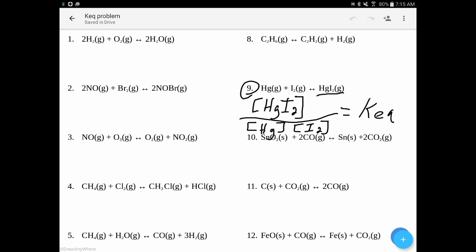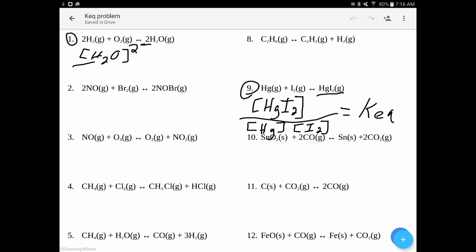So let's do number 1 next. Okay, so again, we're doing the products over the reactants. So that's concentration of H2O. Okay, but this is a little bit different because the H2O has 2 for the coefficient. So anytime we have coefficients, we have to put those as exponents, like that.